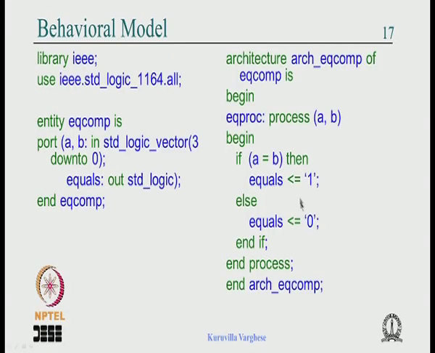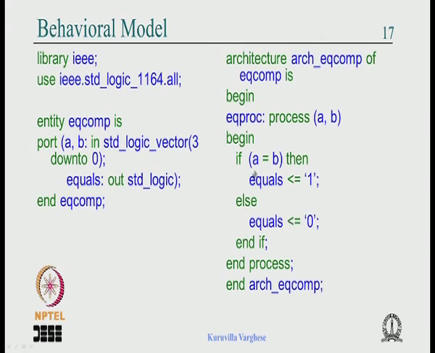Then we looked at the behavioral model. There is a syntax called process, and we use a sensitivity list where the inputs are specified. When an event happens on a signal in the sensitivity list, whatever behavior is written is computed from top to bottom once.